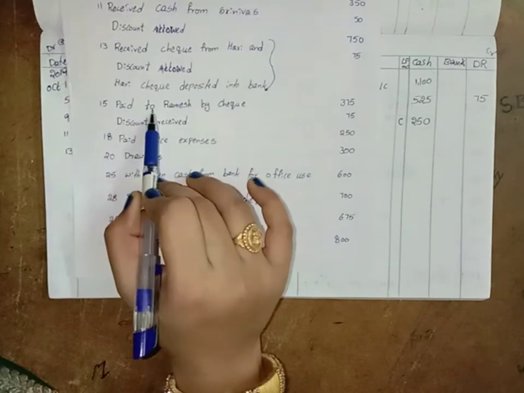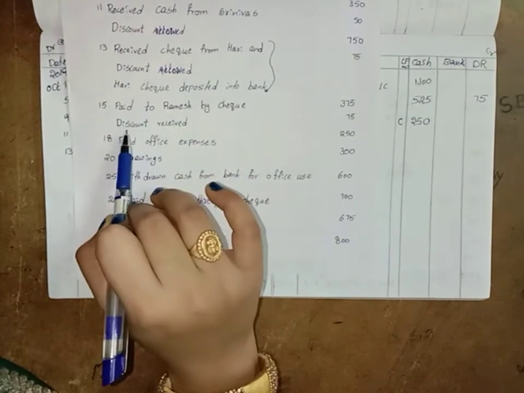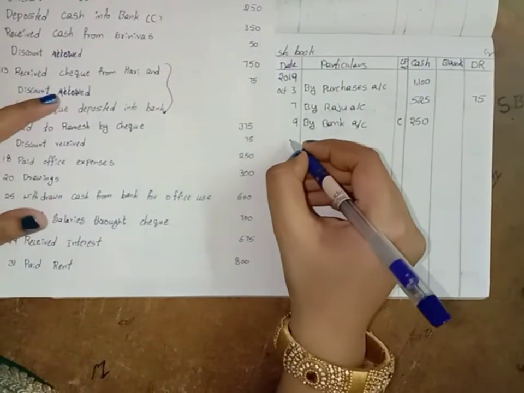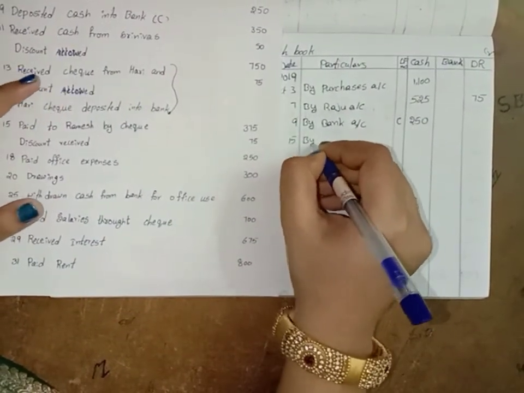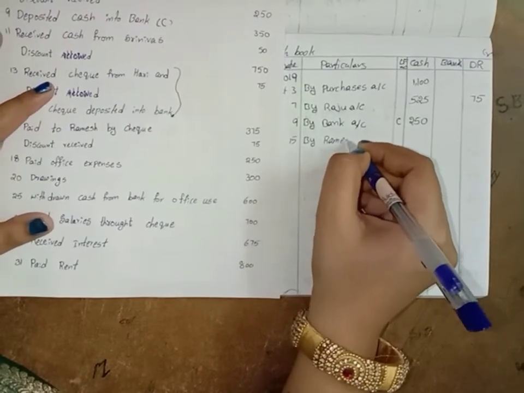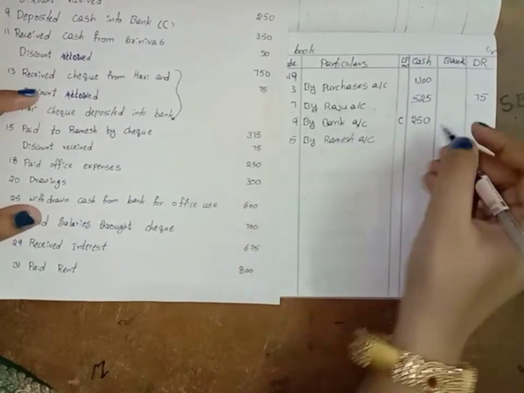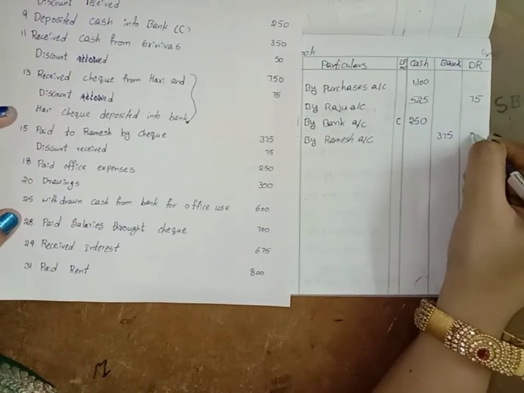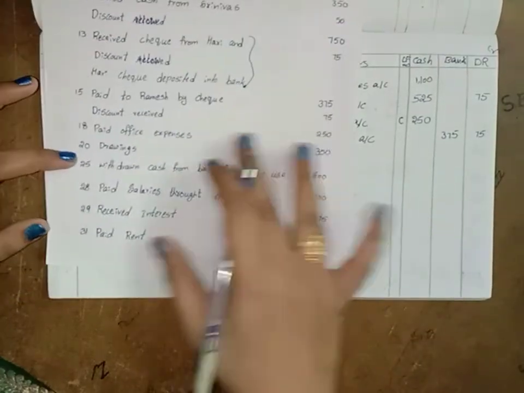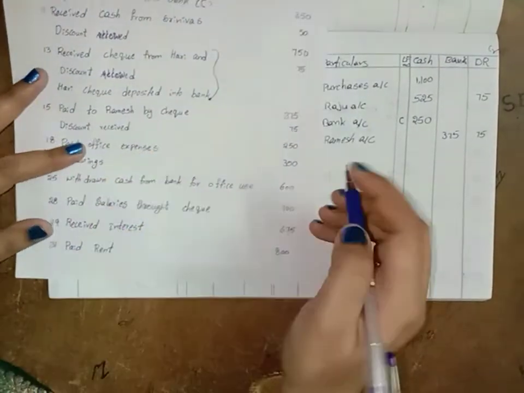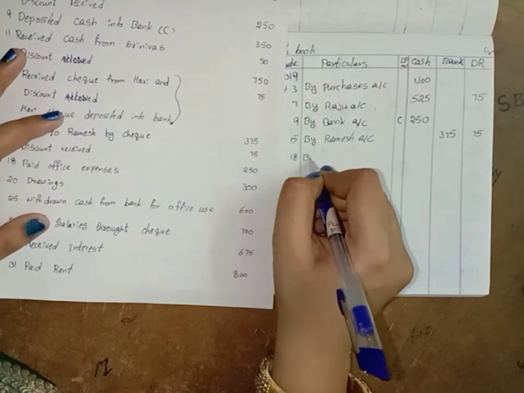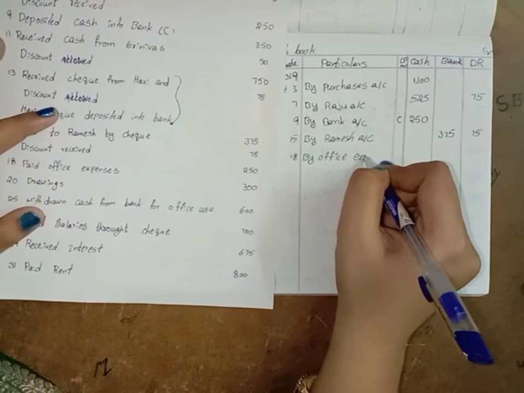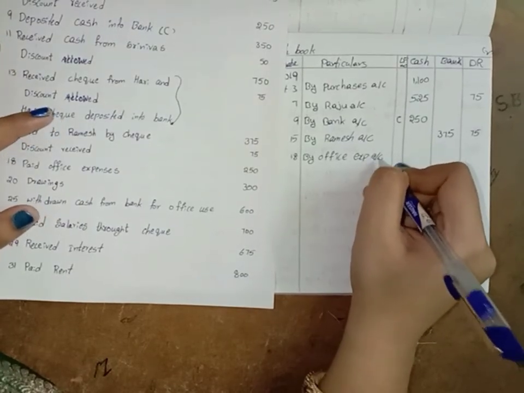And next one, paid to Ramesh by check, discount received. So, on 15th, by Ramesh account, 375 as check in the bank column and 75 as discount received. And paid office expenses on 18th, by office expenses account.